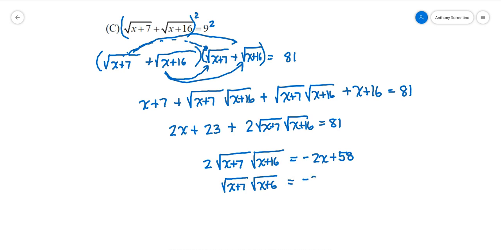It's going to be negative x plus 29. And recognizing the fact that if I have two separate square roots being multiplied together, I can rewrite that as the square root of their product. There should still be a 16 up here.